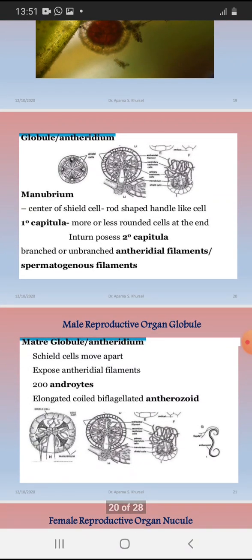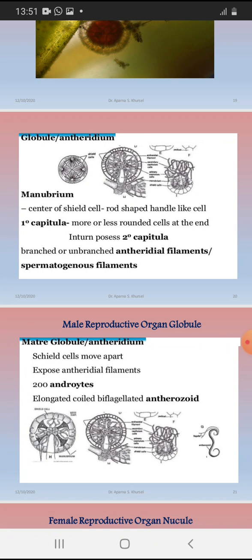Now, as far as internal structure of globule is concerned, internally globule is composed of variety of cell. The outermost covering consists of 8 shield cell which is ornamented due to the folding of cell wall.